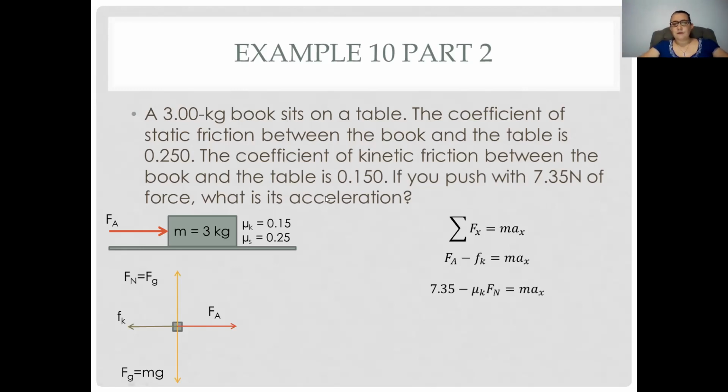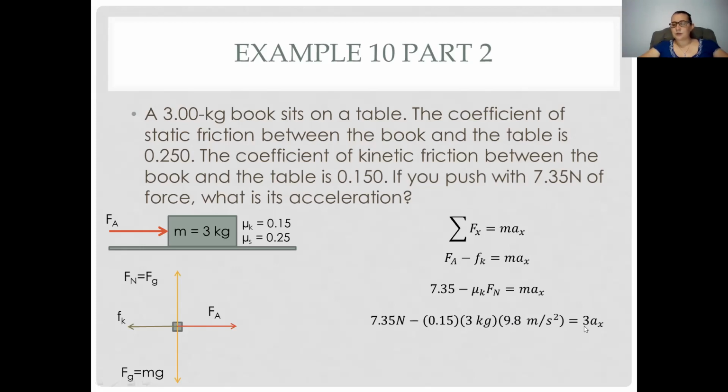So if our applied force is 7.35 newtons and our force of kinetic friction is the coefficient times the normal force, then we can plug in the numbers that we're given. The coefficient of kinetic friction is 0.15, mass 3 kilograms, g 9.8 meters per second squared.